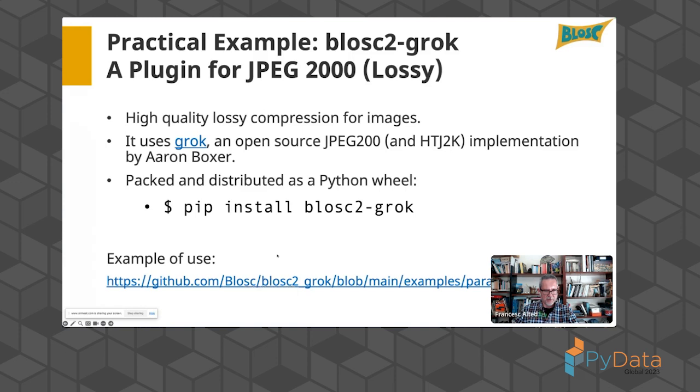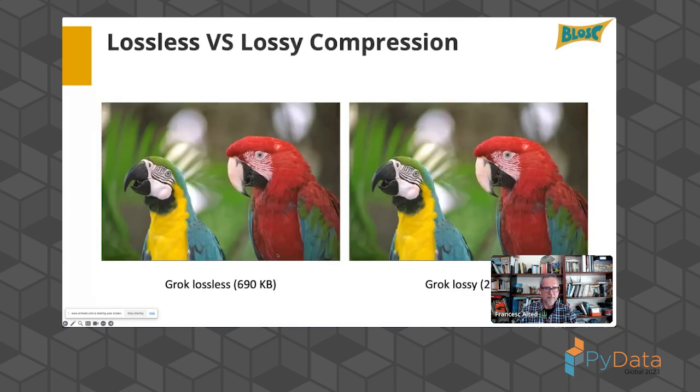Here is an example of use from Python. Let me show you how it works. Here on the left we have the original image with lossless compression, and here it's JPEG 2000 via Grok, and you can see that even if the size is 3 times less, we are losing very little detail. So this codec is really nice for compressing images in Blosc2.